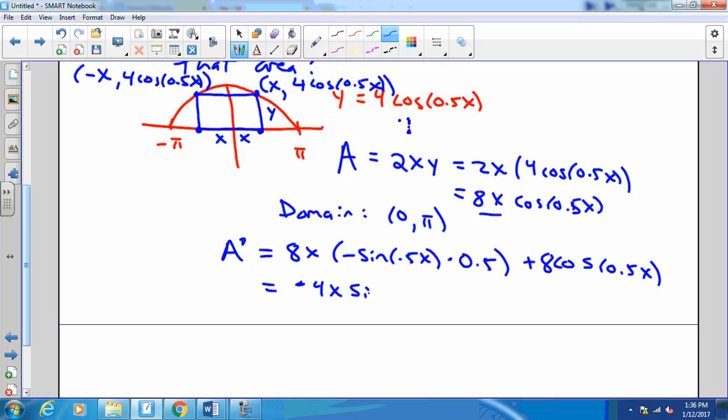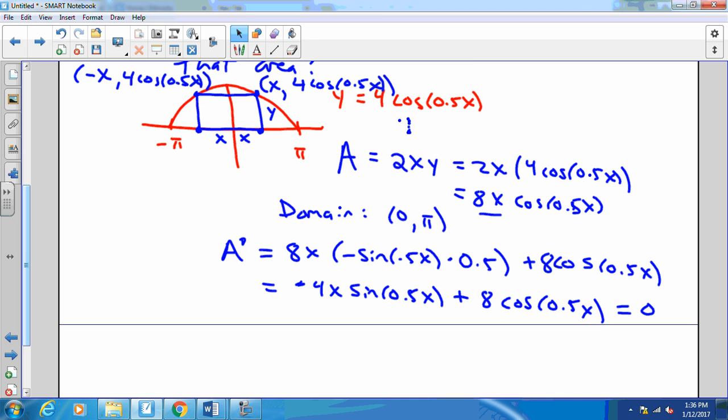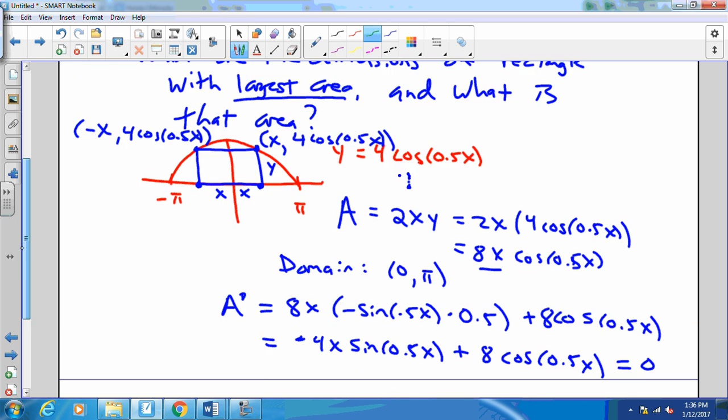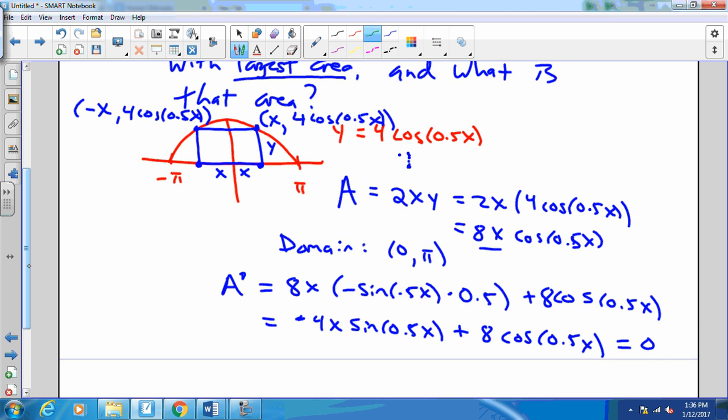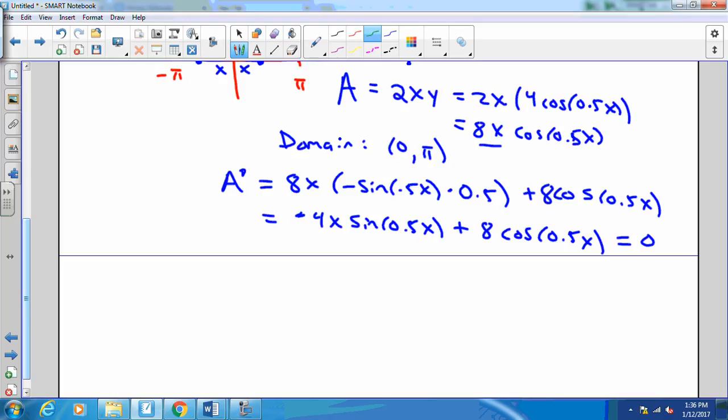We can do a little bit of cleanup because we have 8 times negative 1 times a half is negative 4. And now we set A prime equal to 0. Now the first reason that I wanted to do this problem was to talk about the word inscribed.